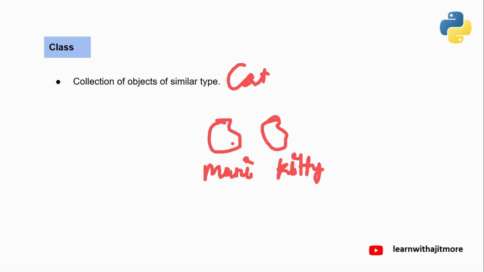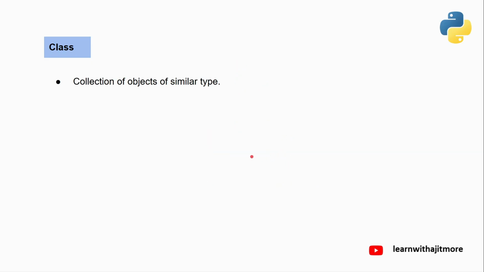But the values can be different. The characteristics are like height, weight, breed, gender, color. The height of this cat and height of this cat can be different. The weight values are different, but the characteristics are same. Currently, Kitty may be in the run behavior, whereas Money may be in the sleep behavior. Doesn't matter, but the behaviors for both are same.